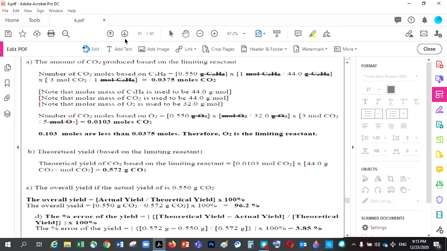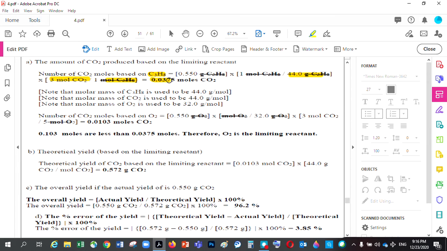So let's go here. I have 0.55 grams. First of all, I look at the propane, C3H8. So 0.550 grams of propane divided by the molar mass of the propane, correct? And then the mole ratio from the balanced equation: 3 moles of the product CO2 to 1 mole of the propane.